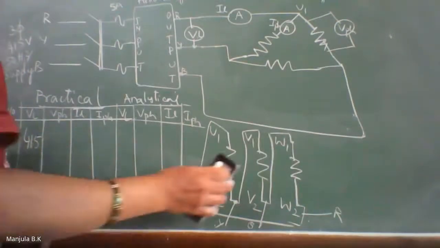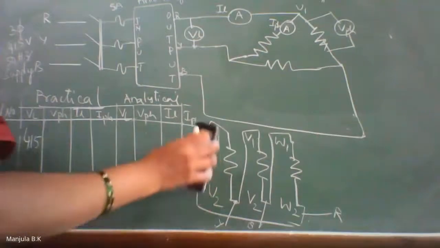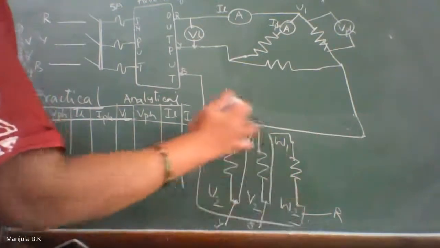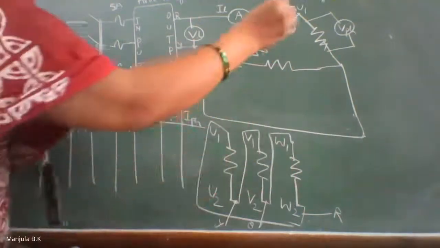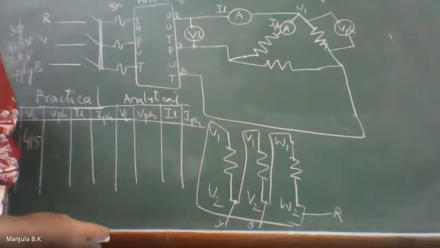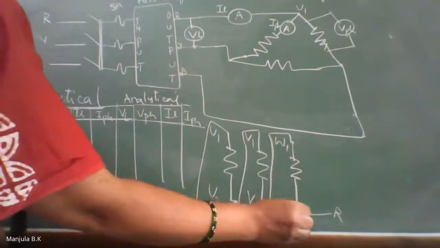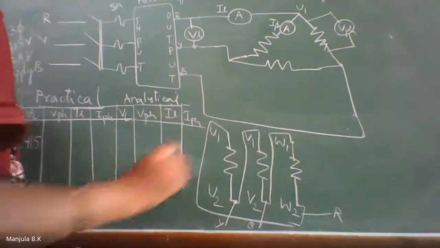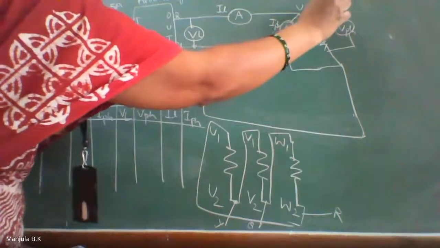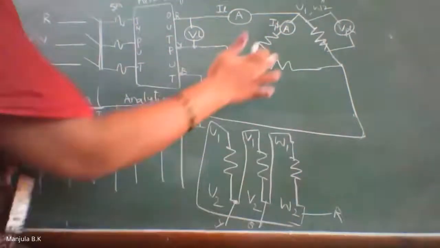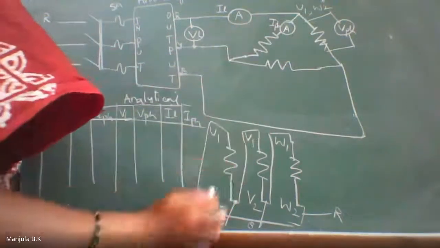Now, in order to have this type of connection, when R is referred, U1 and W2 should be connected. If you draw this diagram first, it would be easy for you to mention the nodes.